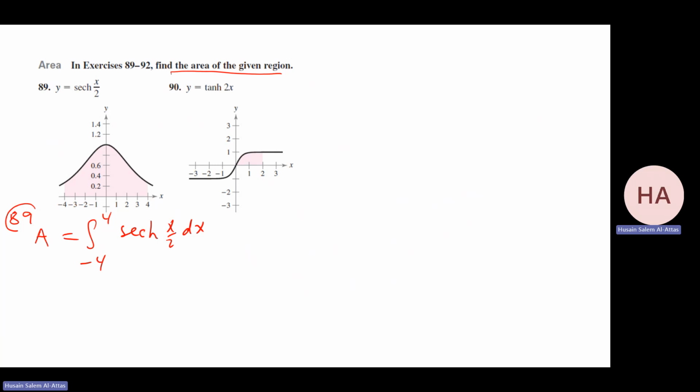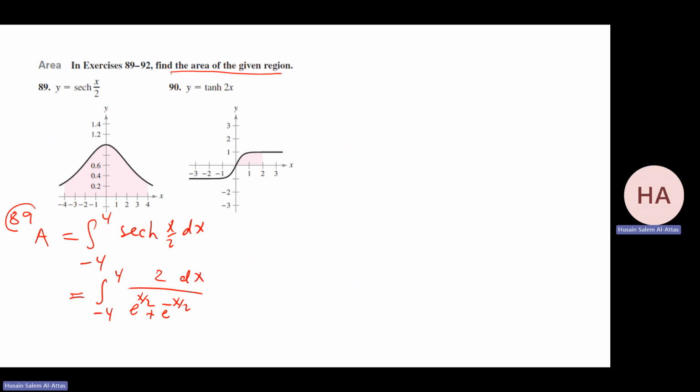I don't know how to do this, there is no formula for this one. However, I can rewrite it as the integral from -4 to 4 of 2 over e to the x over 2 plus e to the minus x over 2 dx.